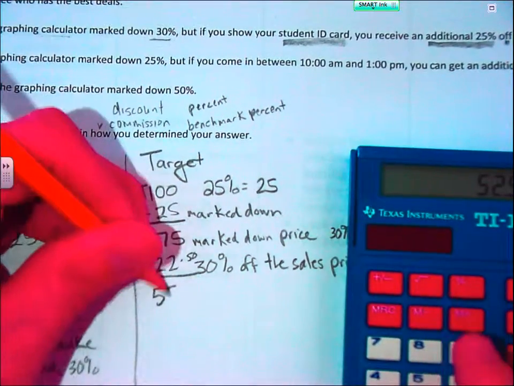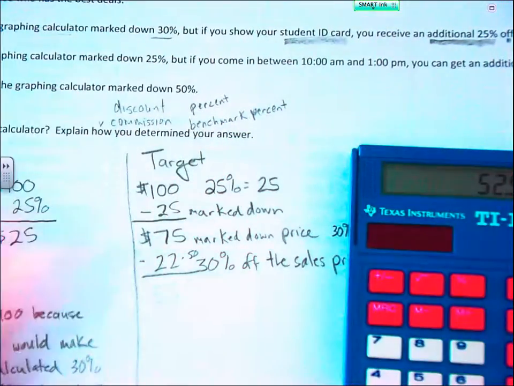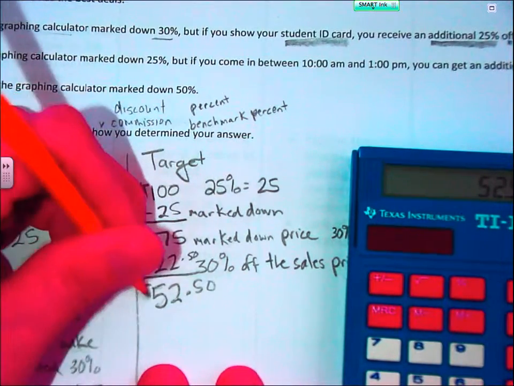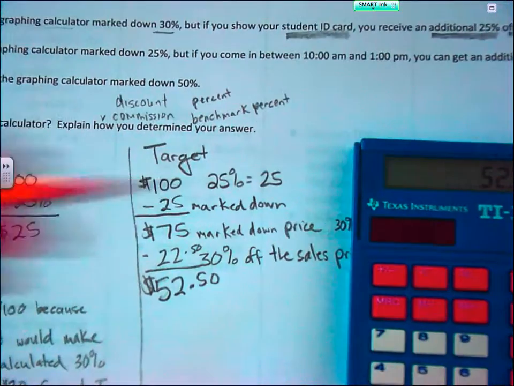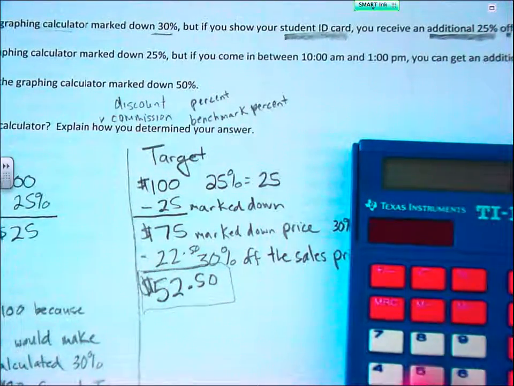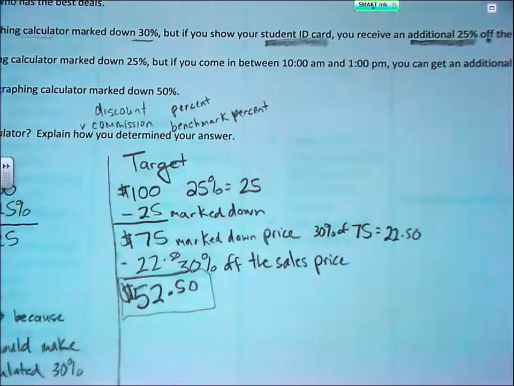And so at Target, I would be paying $52.50.